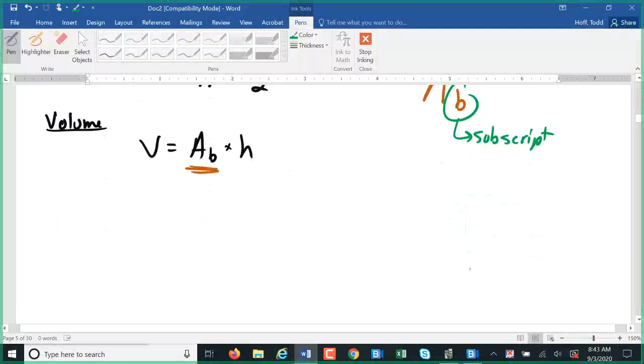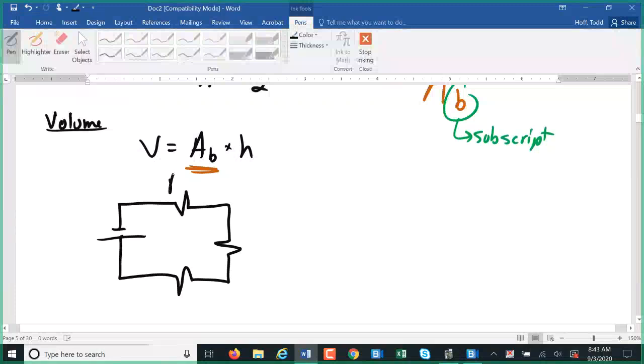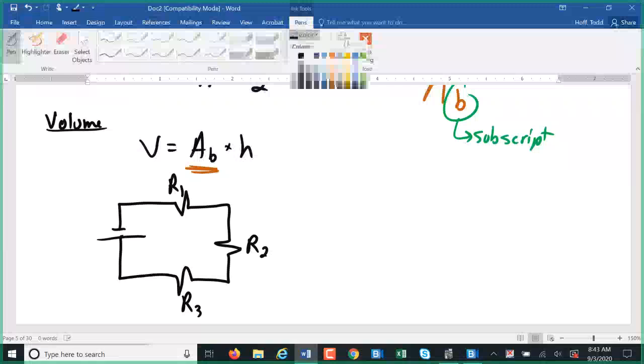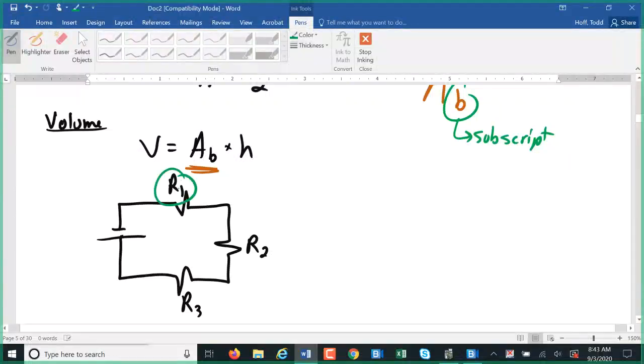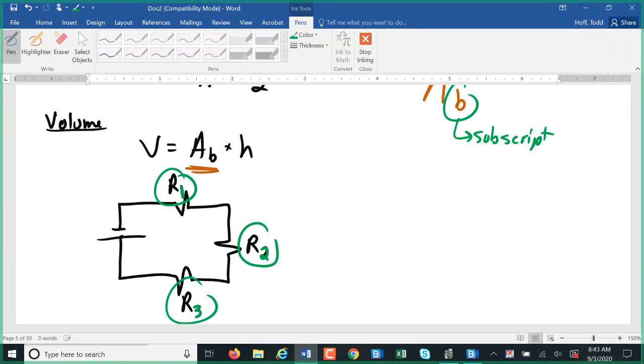We saw that subscript a little bit back last week when some of our homework problems had resistors in them. And we saw this as R1 and R2 and R3. Well, that subscript, that 1 is telling me that this R is different from this R because this is the R2 and this is the R3. Those 1, 2, and 3 are not having any numerical value, they're just signifying that those are different resistances or different R's.